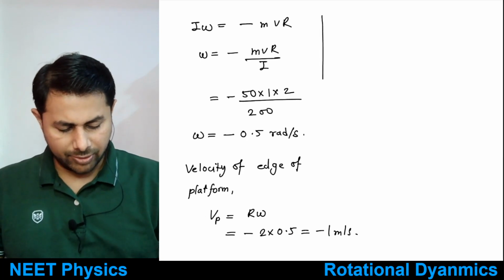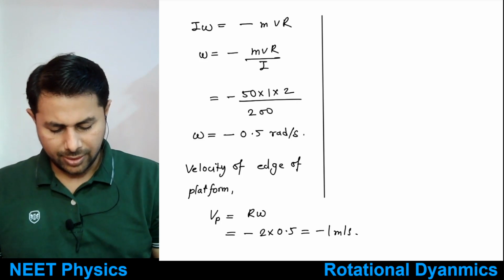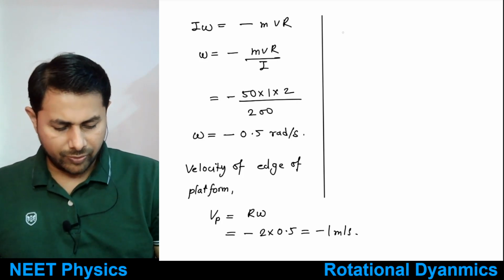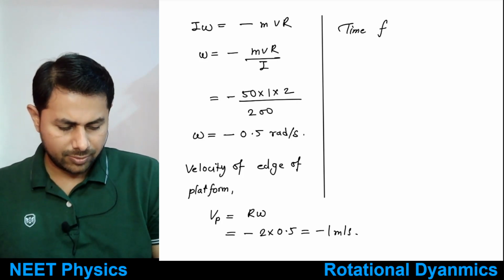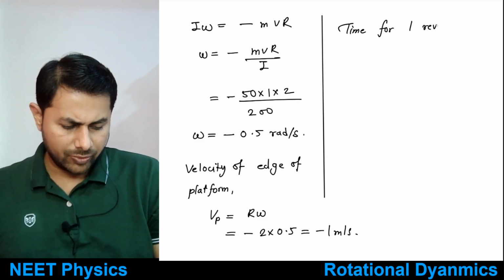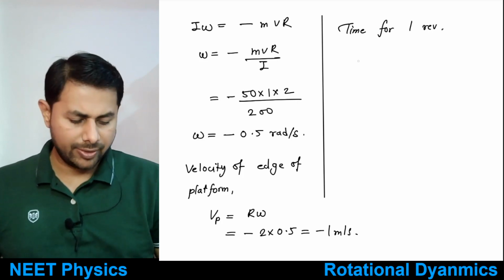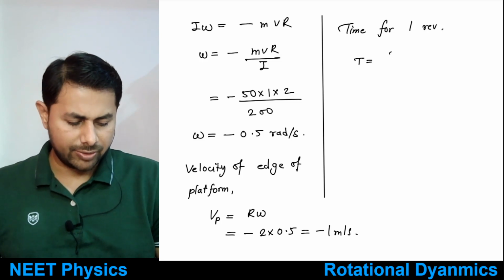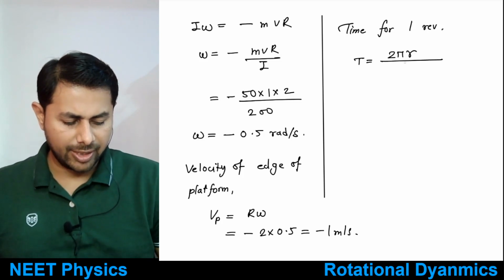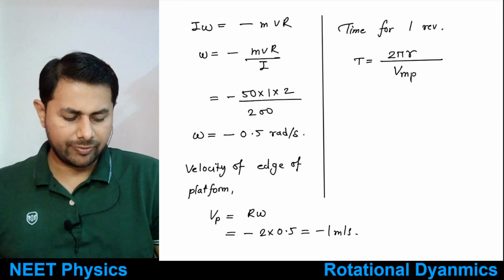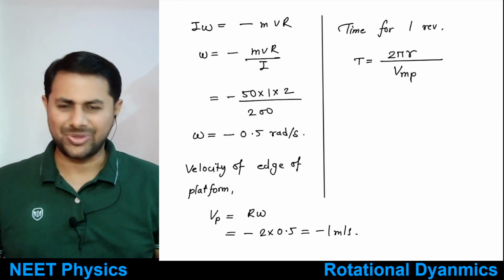Therefore, the time taken for one revolution would be equal to what? The distance covered, 2 pi r, divided by the relative velocity of the man with respect to the platform. This is a good question.